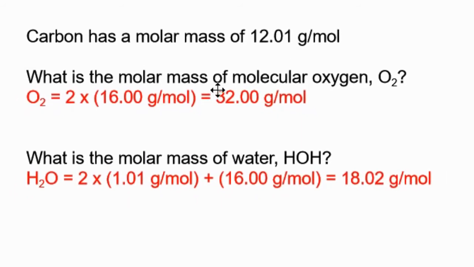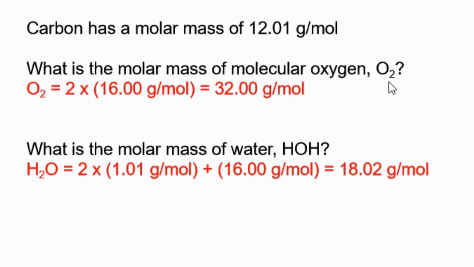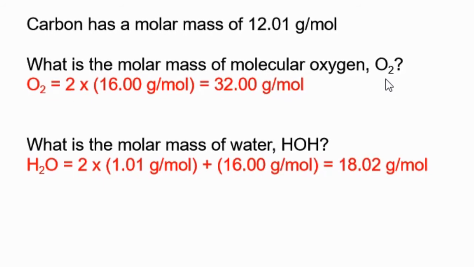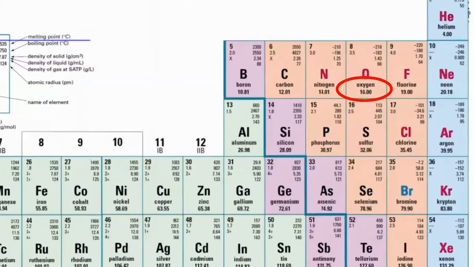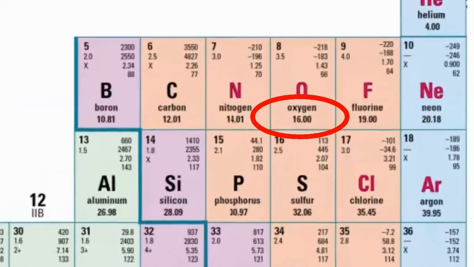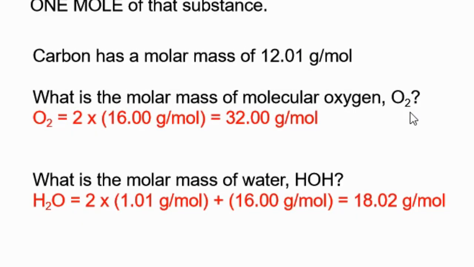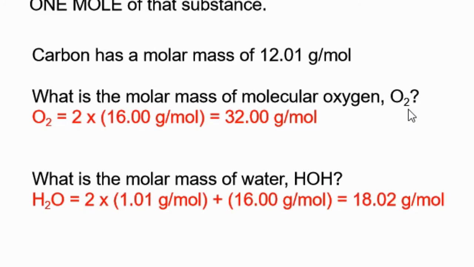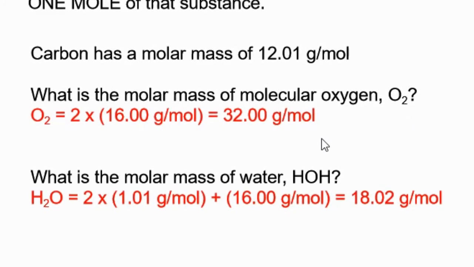What is the molar mass of a molecule of oxygen? Since there are 2 atoms of oxygen in the molecule, O2, you would look up the molar mass of oxygen, 16.00 grams per mole, and multiply it by 2 because there are 2 atoms of oxygen in the molecule. So 2 times 16 is 32 grams per mole.